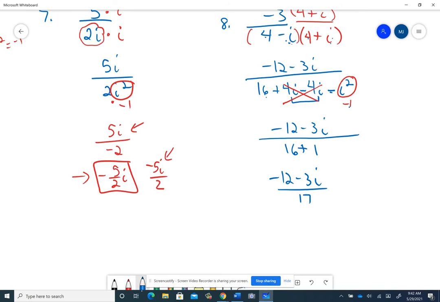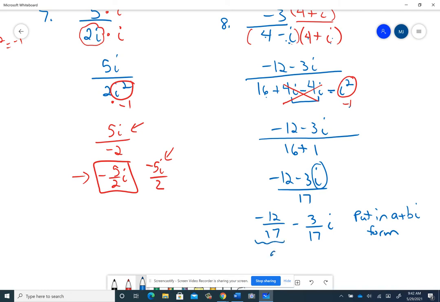When we're working with the quadratic formula, we get things that look like that. But when you have problems with i's in them, they sometimes ask for you to put in a plus bi form. So if it tells you to put it in a plus bi form, then you need to separate this into -12 over 17 and then minus 3 over 17 i.